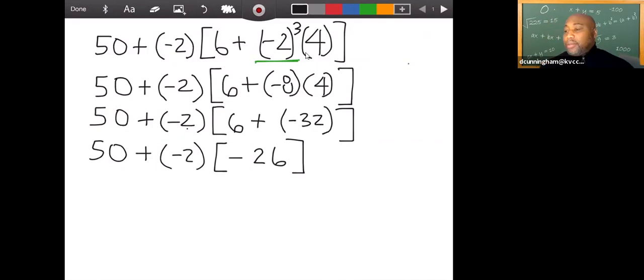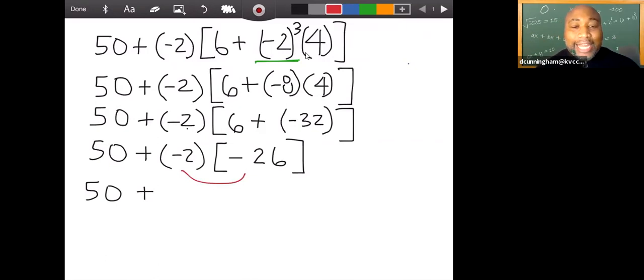Now we're done with everything inside the parentheses. I'm keeping it as a bracket; the parentheses and the bracket are pretty much the same. Now we have 50 plus -2 times -26. Since multiplication comes before addition, I'm going to write down 50 plus, and then multiply -2 times -26.